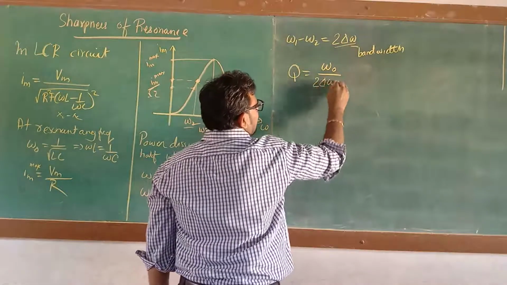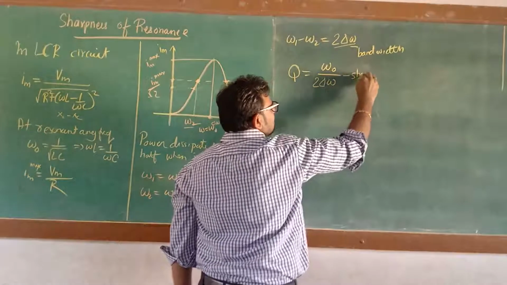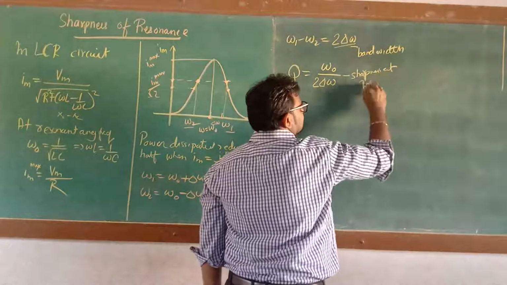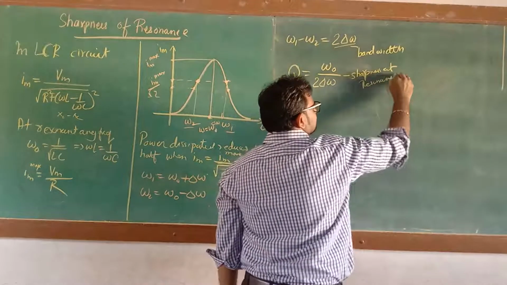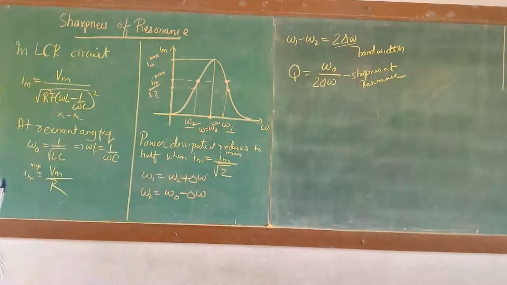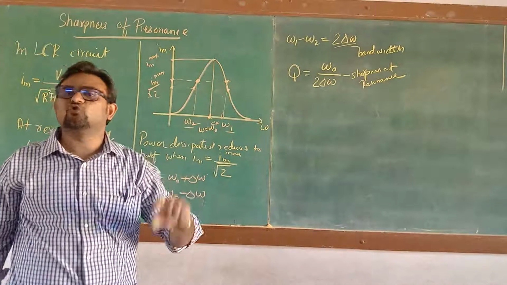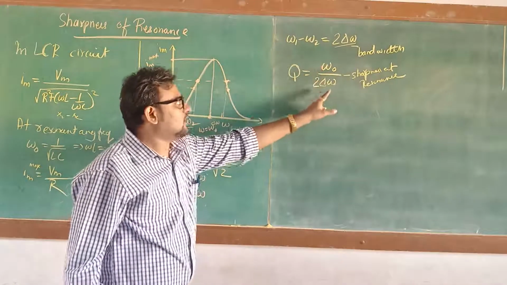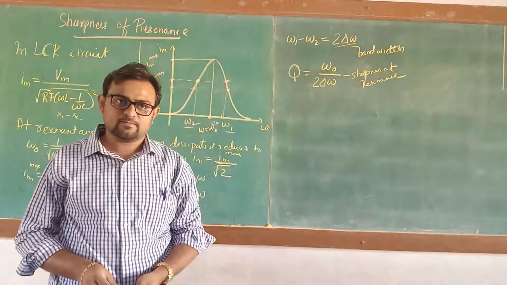This is called the sharpness of resonance. Clear? This is also called the Q factor. Its value is omega 0 upon delta omega.